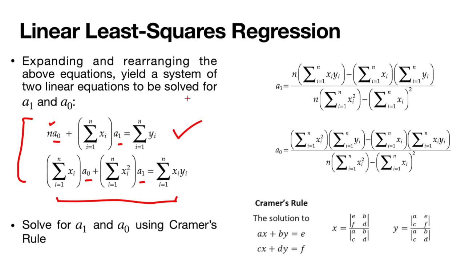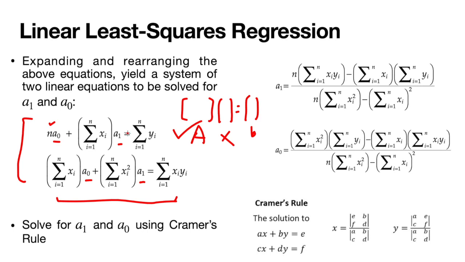It is just like the simultaneous equations where we have one matrix A and one matrix X, which is equal to one matrix B. So we can solve these simultaneous equations to get the values of a naught and a1.